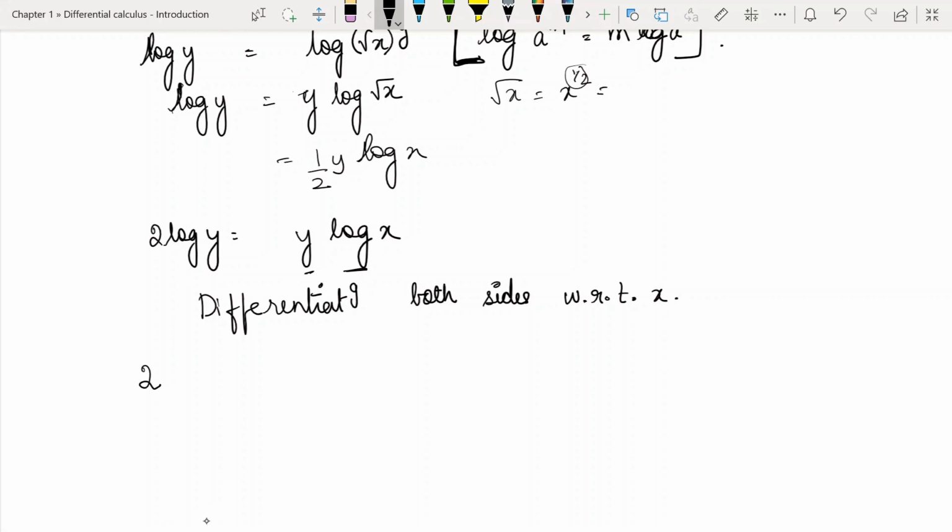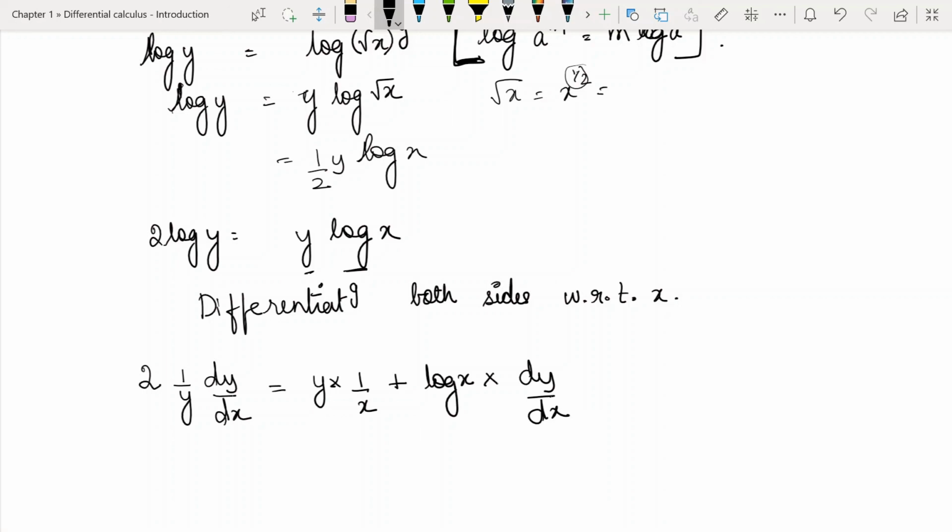The differentiation of log y is 1 upon y dy by dx, and on this side you have y into the differentiation of log x, which is 1 upon x, plus log x into the differentiation of y, which is dy by dx.